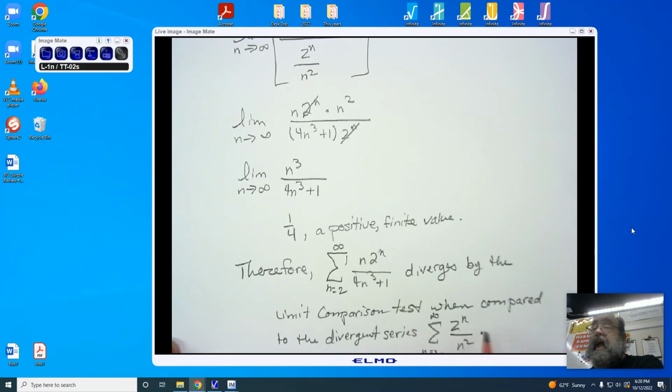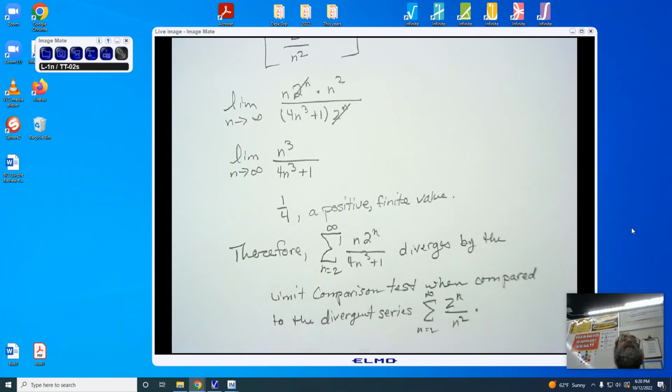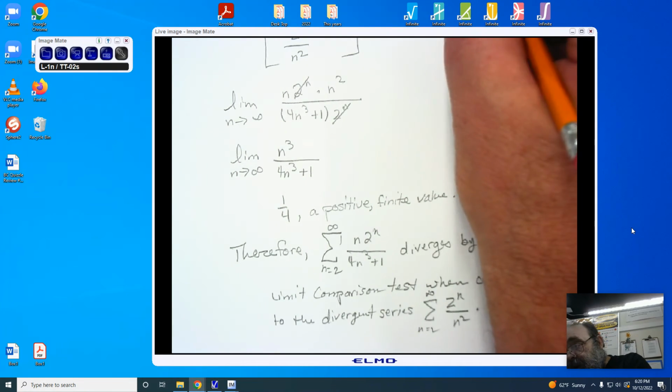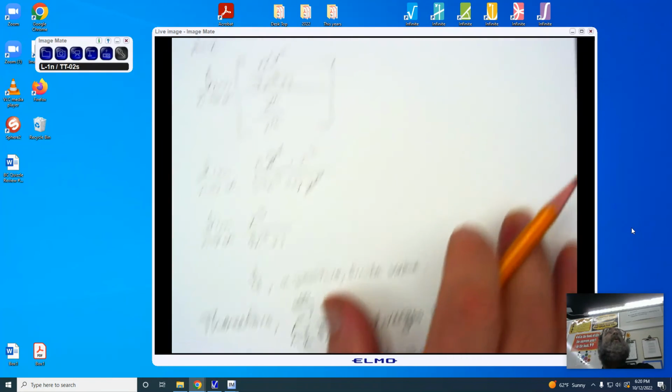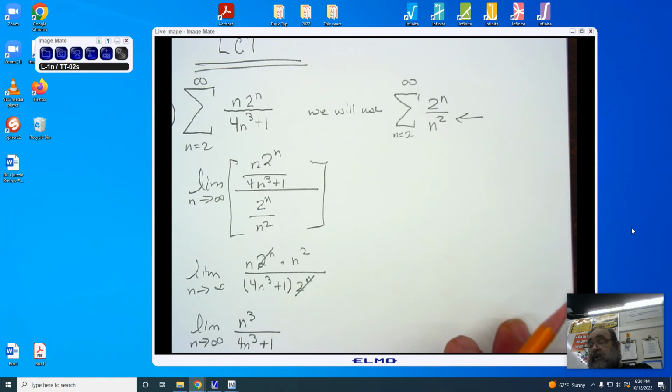Now, some of you are saying, hey, wait a minute, how did we know that that series converges or diverges? Well, I will point out that this diverges by the divergence test, and we can clearly see that this will diverge. It has a faster function in the numerator and therefore has no choice.